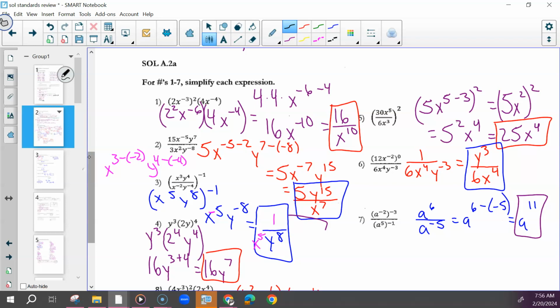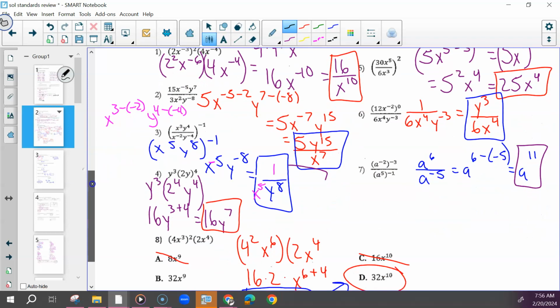So number 1, 16 over x to the 10th. Number 2, 5y to the 15th over x to the 7th. Number 3, 1 over x to the 5th, y to the 8th. Number 4, 16y to the 7th.